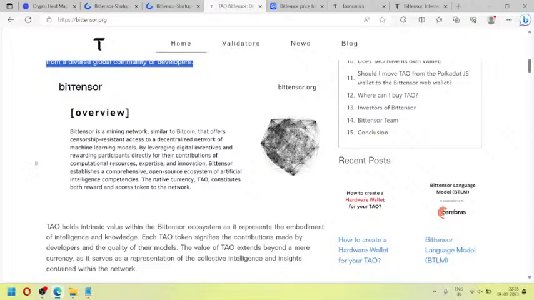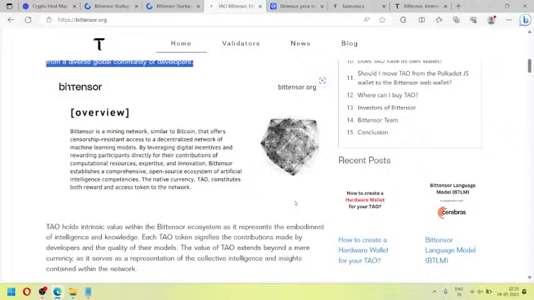And an overview of the Bittensor. Bittensor is a mining network similar to Bitcoin that offers censorship resistant access to a decentralized network of machine learning models by leveraging digital incentives and rewarding participants directly for their contributions of computational resources, expertise, and innovation.